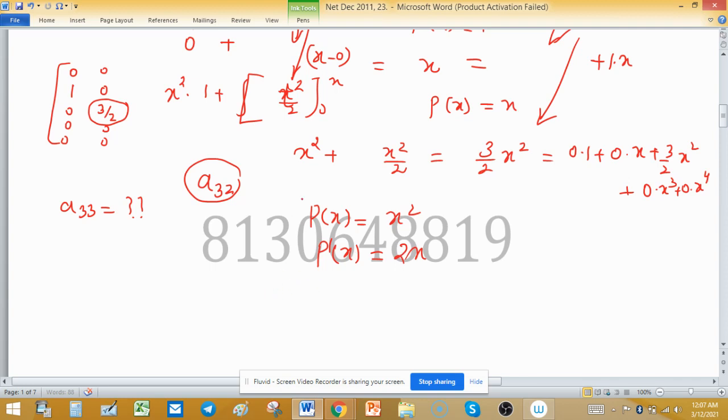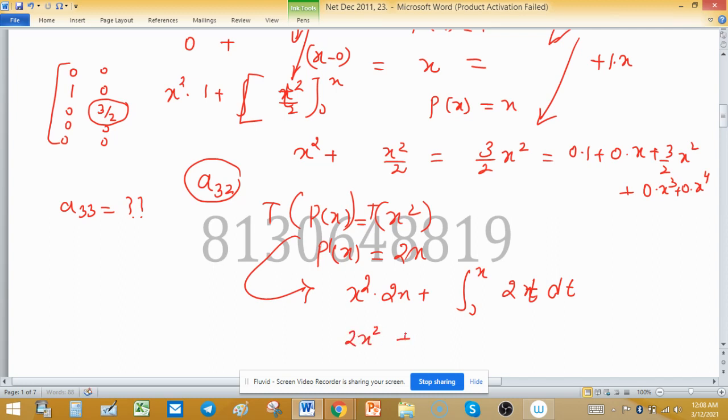After applying T over this one, T will send this to x square into the derivative, which is 2x, plus the integration from 0 to x of 2t dt.